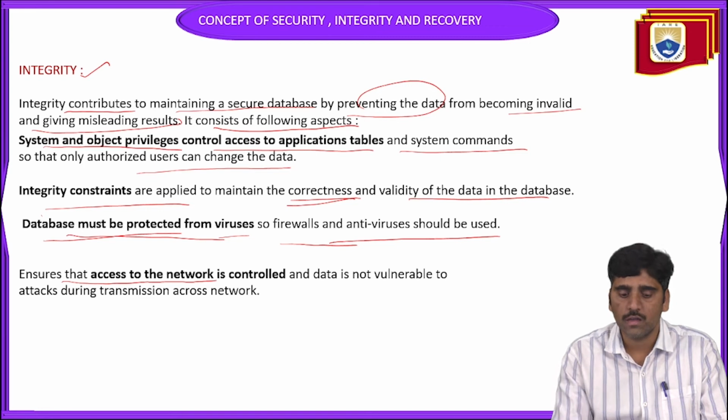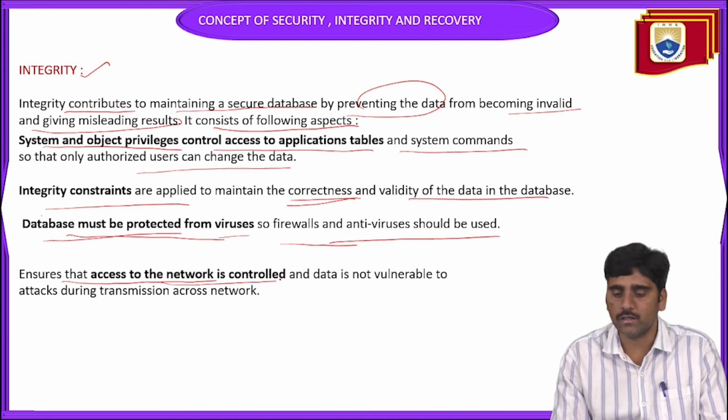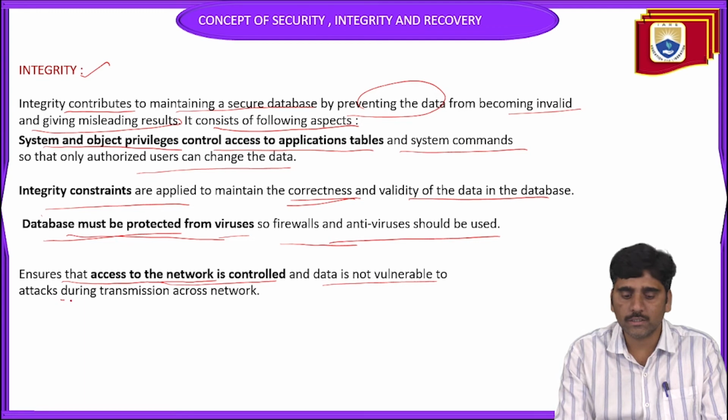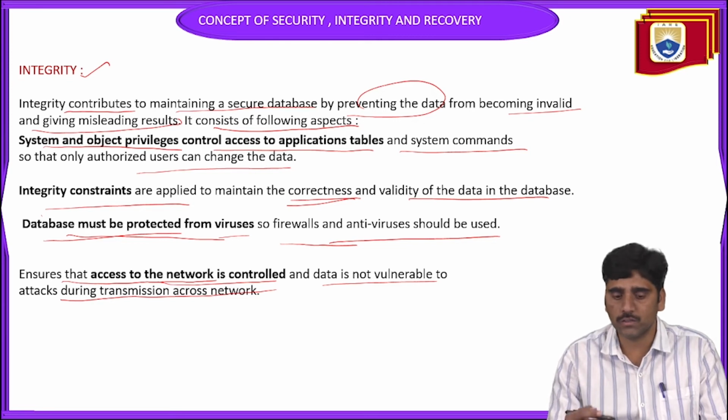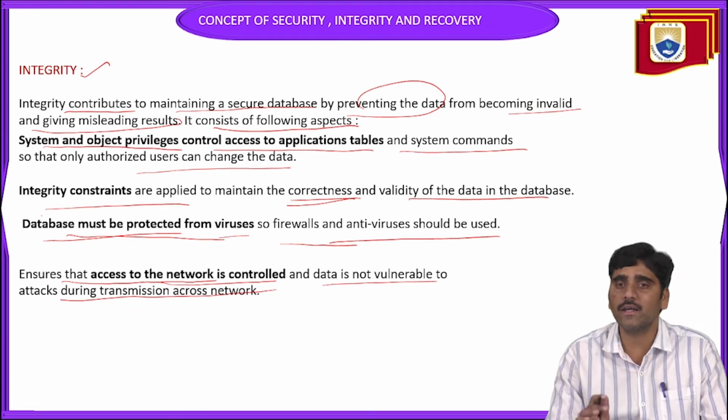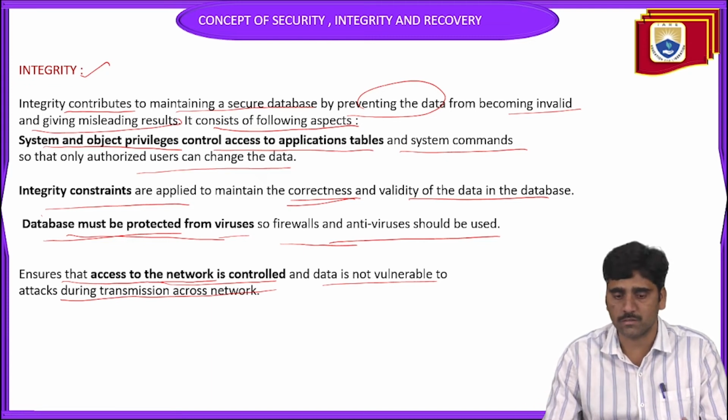So access to the network is controlled and the data is not vulnerable to attacks during transmission across the network. Whoever tries to enter the network is going to disturb and interrupt it. Then what will happen? The entire network is going to be disrupted and the data is also disrupted. So we have to maintain permissions and the privacy of providing passwords also.